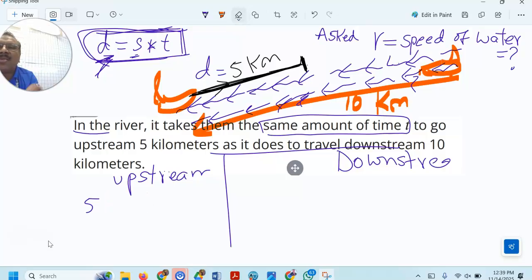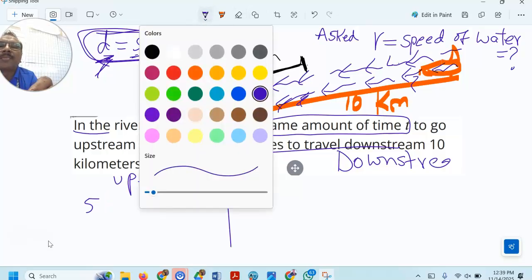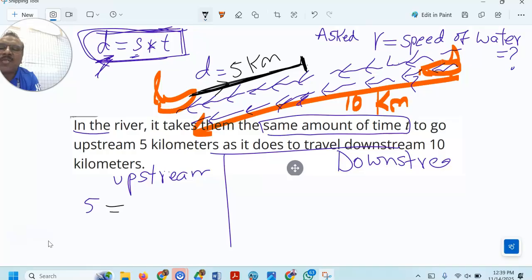So sorry, the distance equals the speed times time. Now the speed in still water was 8 kilometers per hour, but because he is going against the water, which is trying to stop him going up, it cuts down the speed of the boat.